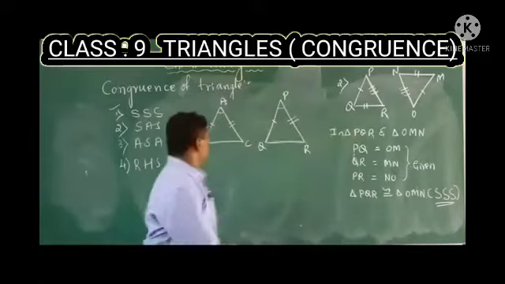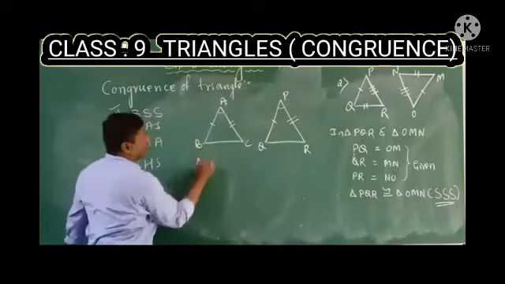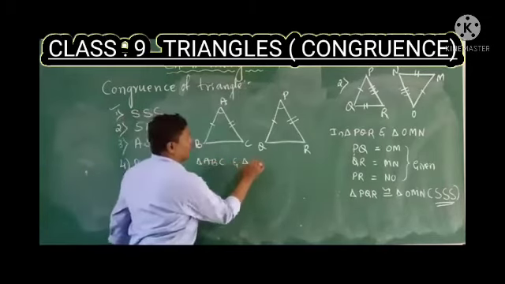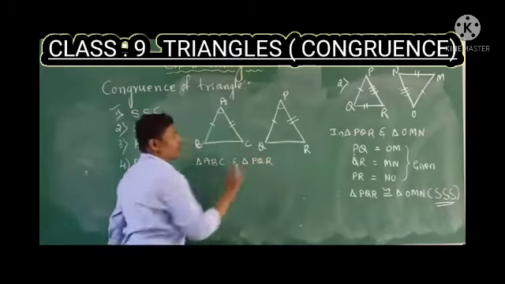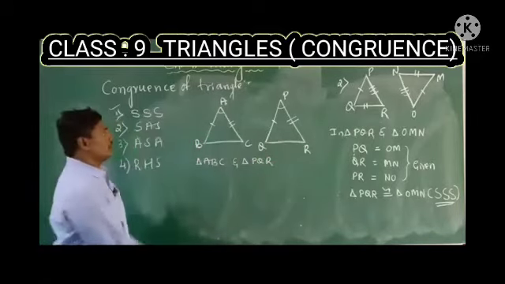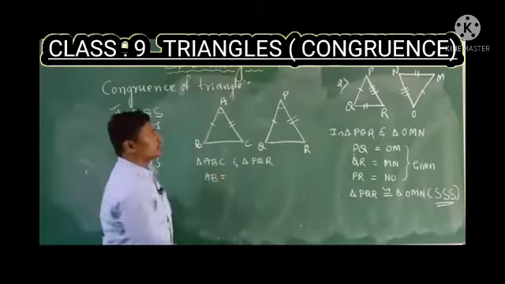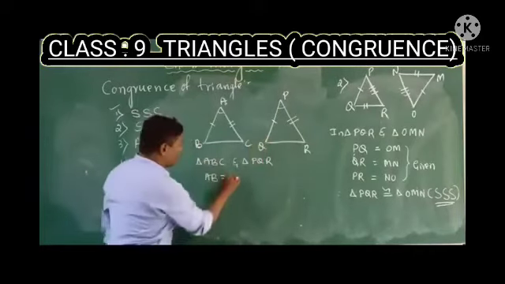Okay. So consider two triangles, triangle ABC and triangle PQR. In that, AB is equal to PQ.